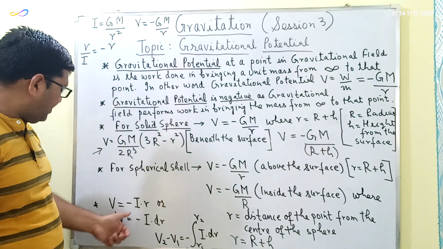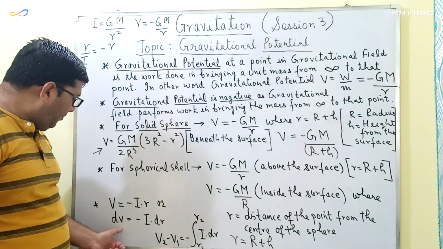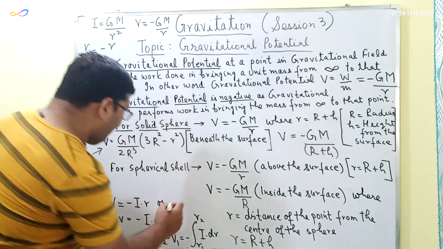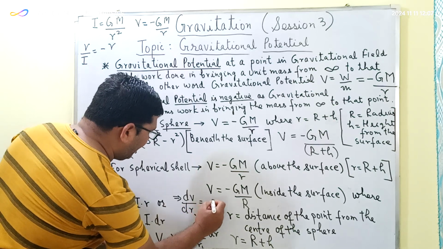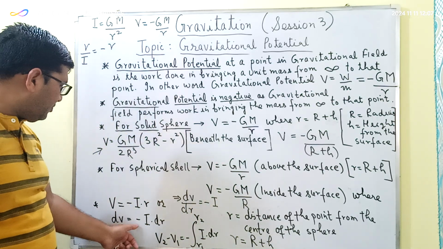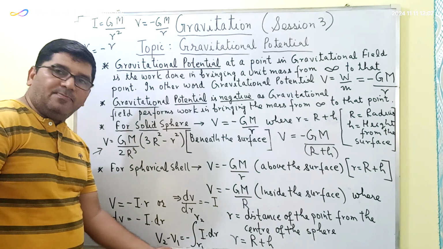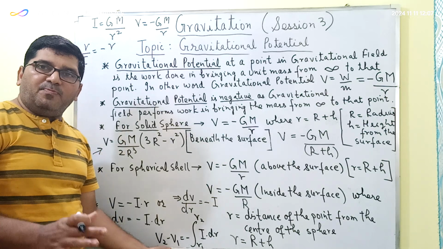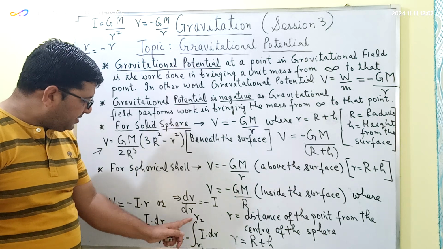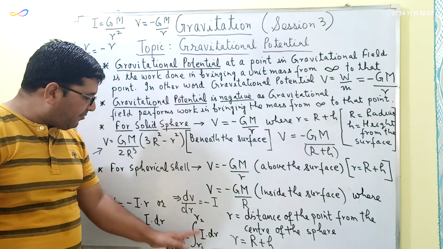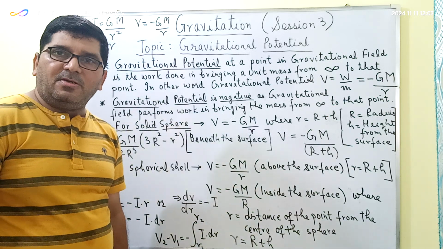And if I differentiate this equation, that is, V is equal to minus I into r, with respect to r, then dV upon dr will be equal to minus I, or simply we can say that dV is equal to minus I dr. Or we can say that the potential difference between 2 points in space can also be written as V2 minus V1 equals minus integration within the limits of r1 and r2 of I dr, where r1 and r2 are the 2 points in the free space.